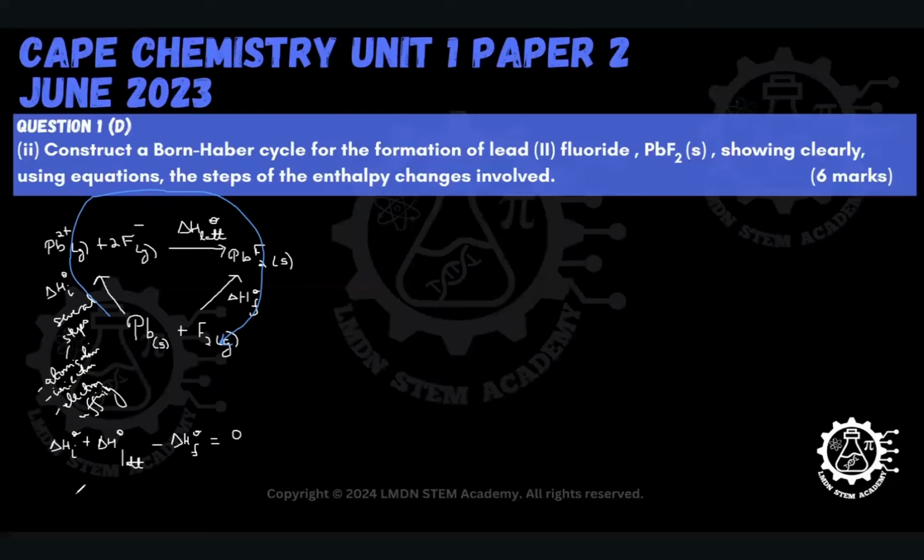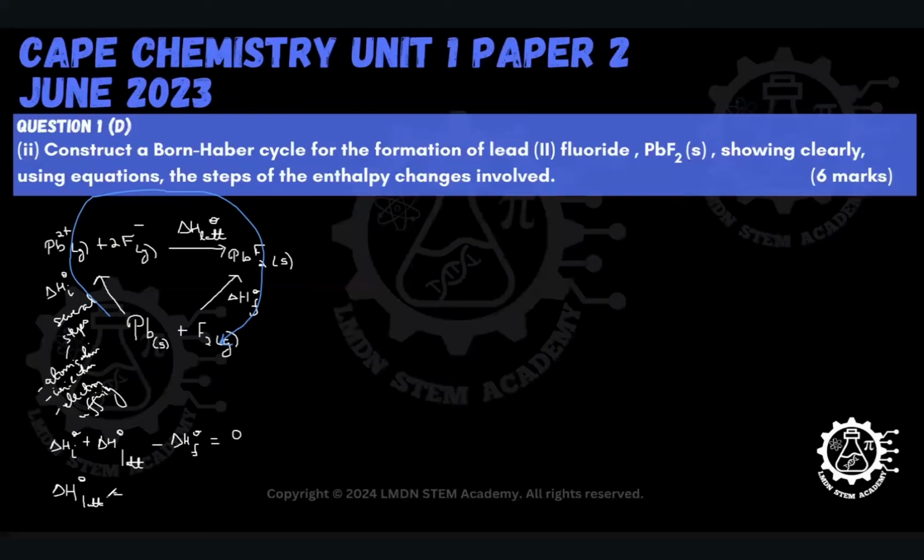So what this means is that ultimately, if I wanted to find my lattice enthalpy, ΔHlat°, all I'm going to do is bring both of these over to the other side of the equal sign.